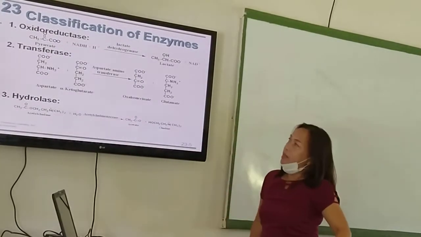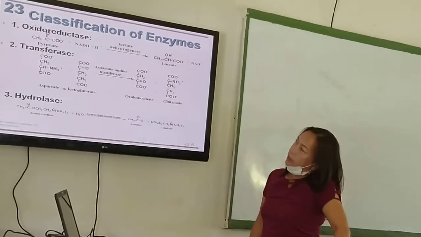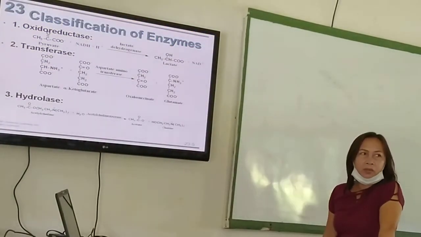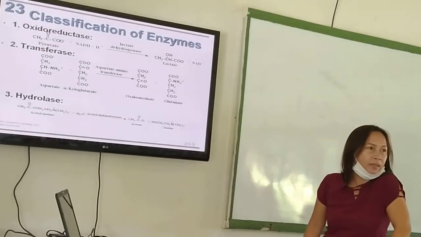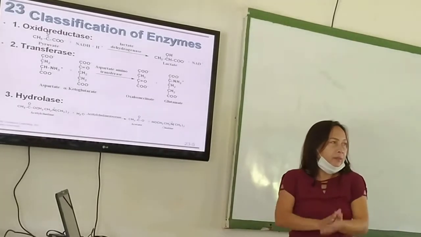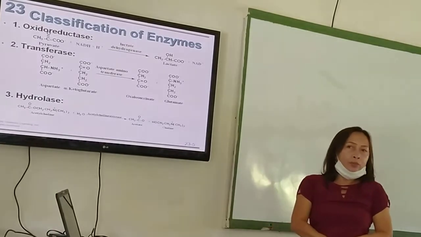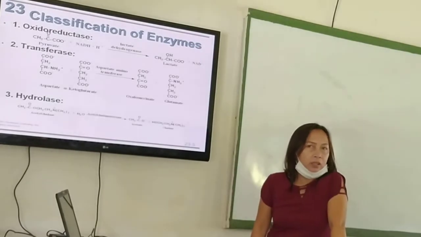Okay, so we have some specific examples, for oxidoreductase. Like for example, pyruvate. What is pyruvate? Are you familiar with pyruvate? Pyruvate is an intermediate, or the end product of glycolysis.